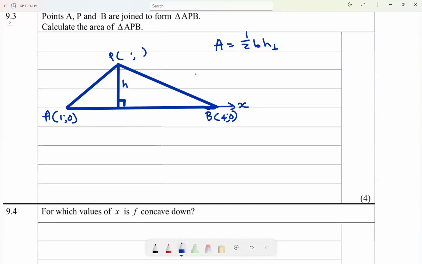Can I find the distance AB? Distance AB is very easy to find because it's just a horizontal length. For a horizontal length, I say x right minus x left. So AB is x right minus x left, which is 4 minus 1, and that is just 3 units. And this is going to be my base.